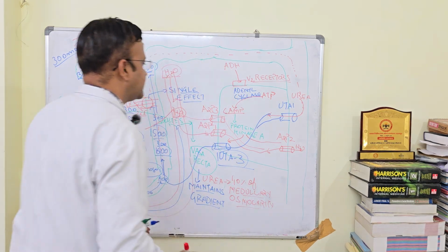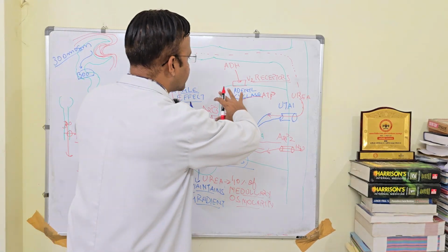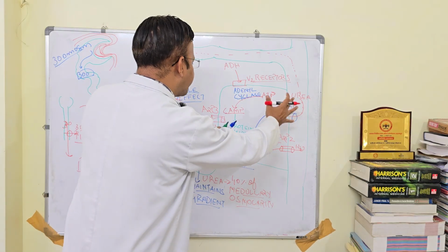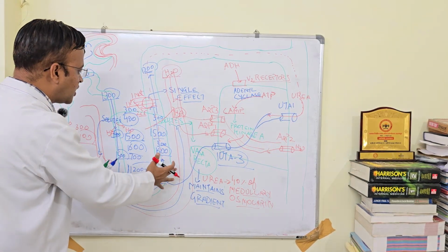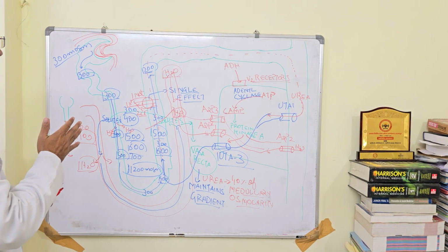So this is how your collecting duct, by reabsorbing water and reabsorbing urea, coordinates with your loop of Henle and vasa recta. Now what things can go wrong?